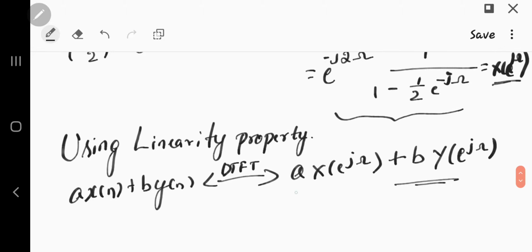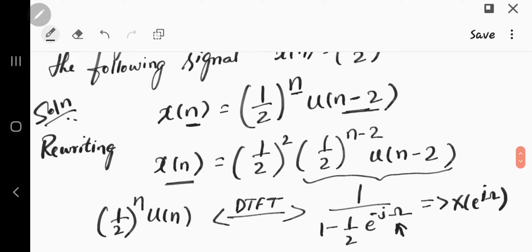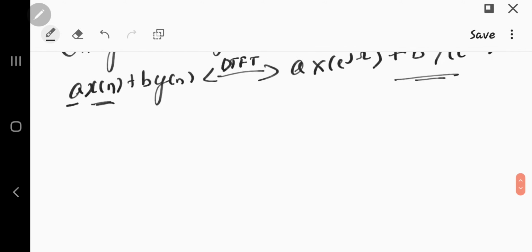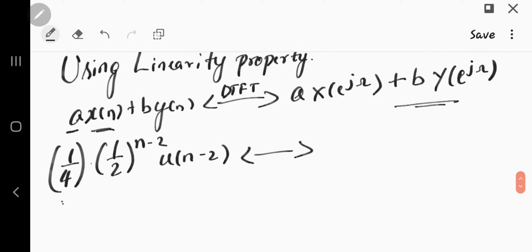So now in place of a x of n, observe this is my x of n signal. This 1 by 2 to the power of 4 is a constant value. So that means here 1 by 4 into 1 by 2 to the power n minus 2 u of n minus 2. So all these things belong to x of n only.